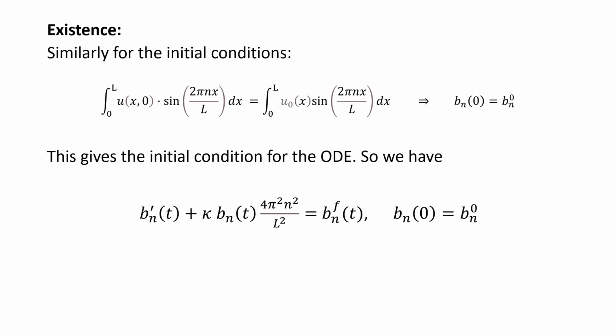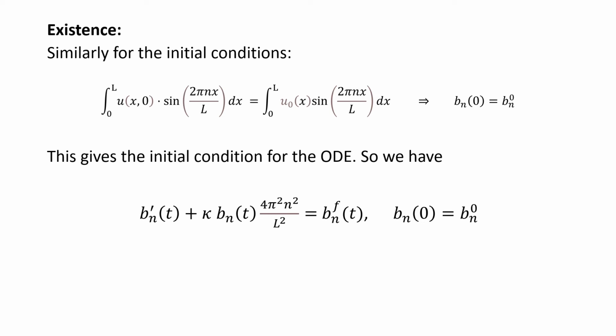Similarly, we can proceed with the initial data. So we would like to obtain initial data for the nth Fourier coefficient at time t equals 0. Well, we know that at time t equals 0, u(x,0) equals u0 of x. If you multiply that identity with the nth Fourier sine mode, integrate again, we get the following.